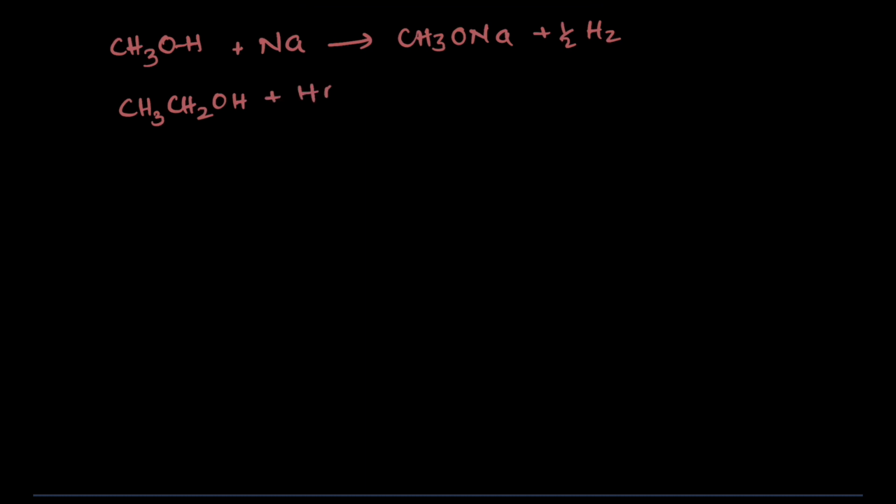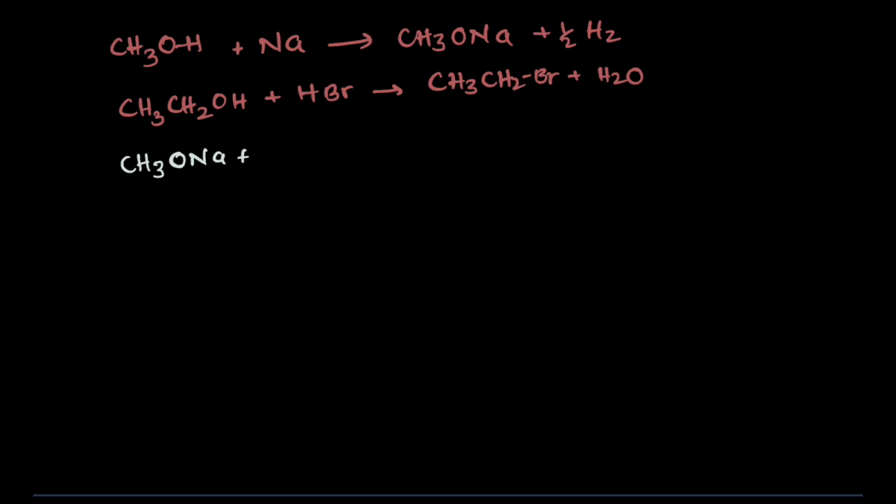Both are alcohols. Therefore, first react with sodium to give sodium methoxide, and this one reacts with hydrogen bromide, then it converts to ethyl bromide. So these two again combine to form which one? Sodium methoxide and ethyl bromide. Both combine to form an ether in the Williamson synthesis.